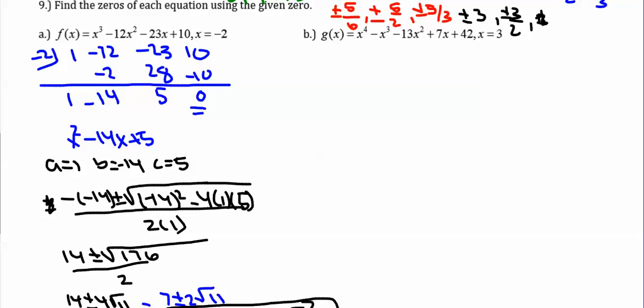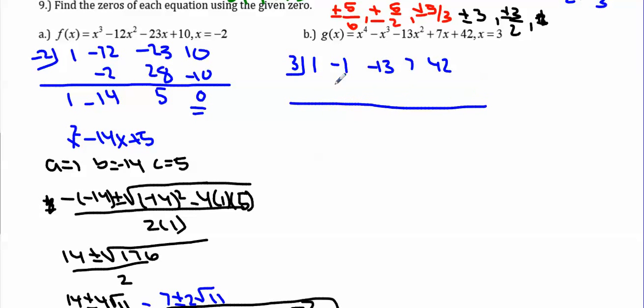Now remember, when I'm done with synthetic division, I will have a 3rd degree polynomial left, because it always drops a degree when you do synthetic division. So I have 1, negative 13, 7, and 42. If it's a 0, my remainder should be 0.